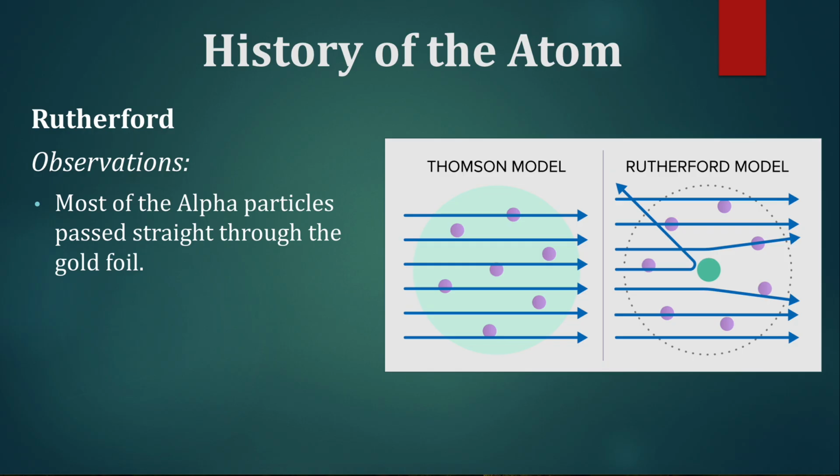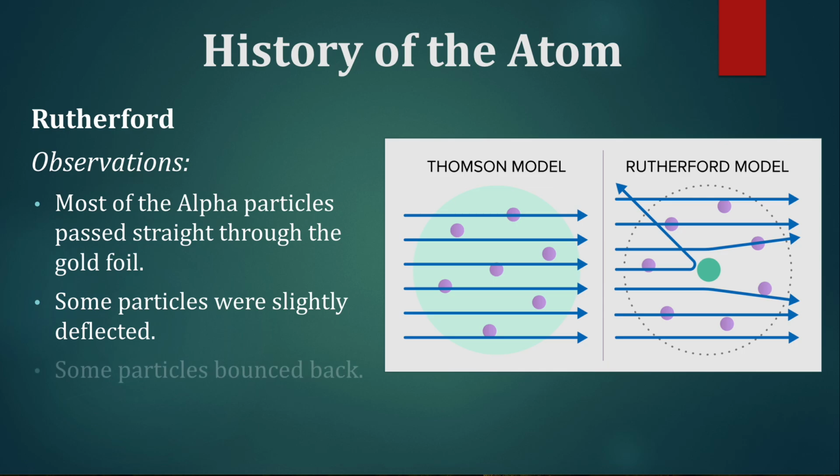These alpha particles weren't hitting anything. Second, some of the alpha particles Rutherford observed to have a very slight deflection. They were slightly deflected off as if they had been repelled by something. And then lastly, some of these particles bounce back.